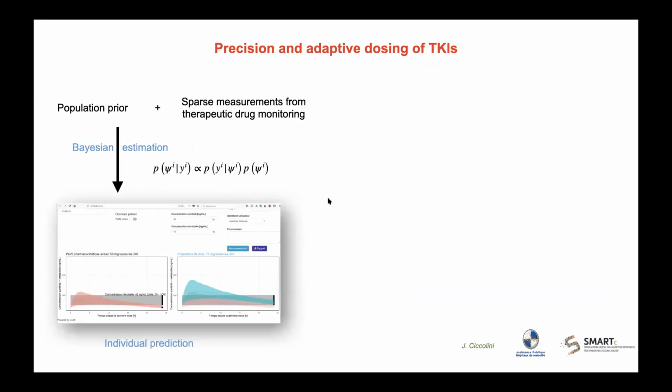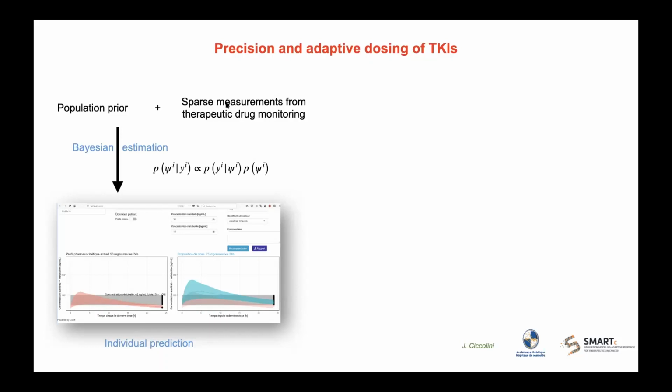And this is very, very powerful, because you can use this as a population prior to perform Bayesian estimation in the situation where you have only sparse measurements, which is the situation that you have in routine clinical management of patients.